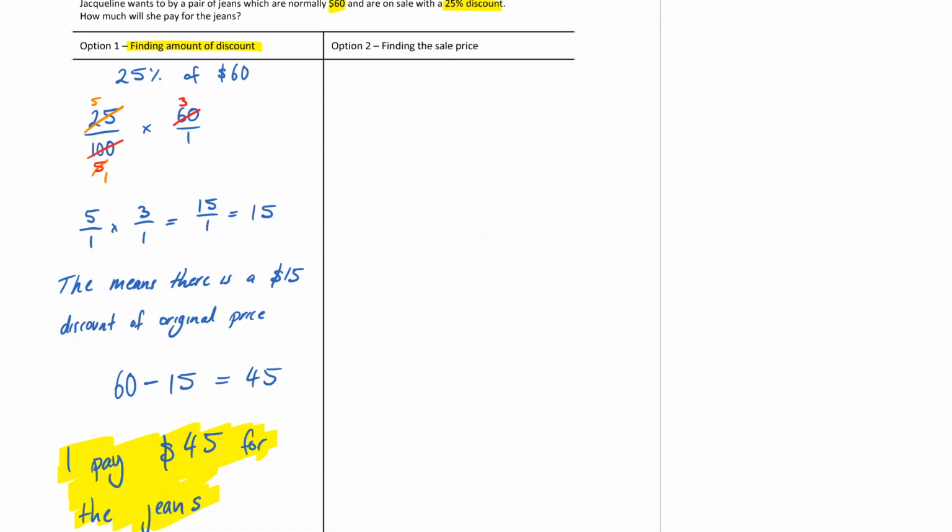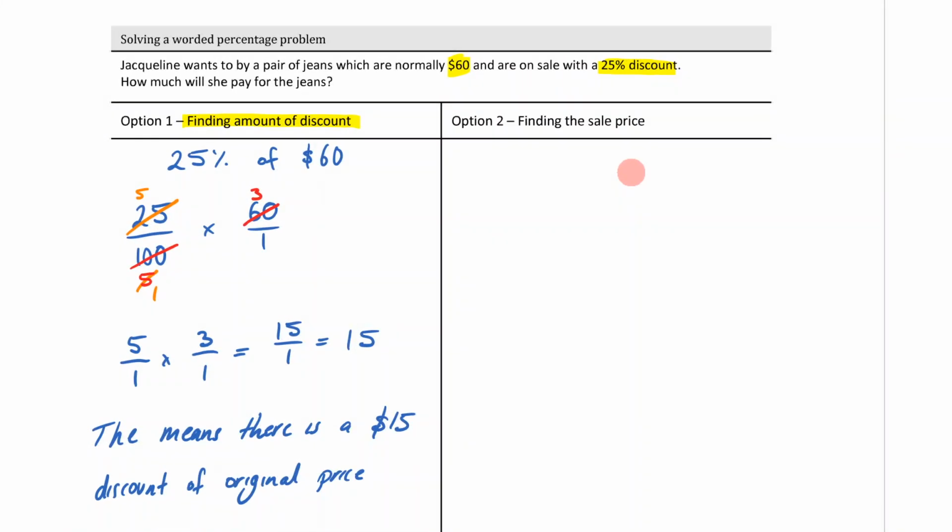All right. There is another way to do this. The other way to do this is to say the following. Well, a 25% discount means you are paying for 75% of the jeans.